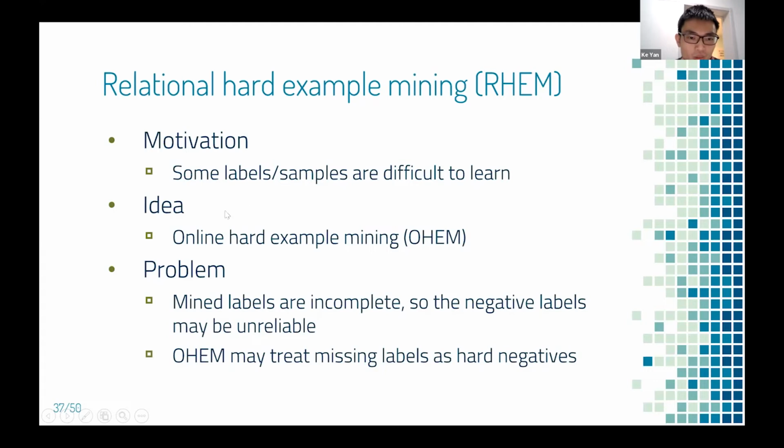One idea to learn these difficult labels is to use online hard example mining, but we know that these labels are extracted from free text reports, and the labels are incomplete. So when there is no such label in the report, maybe this label is true, but if you want to make the network learn this label, it will give noisy supervision to the network and harm the accuracy.